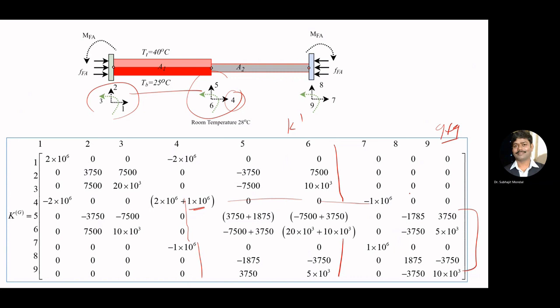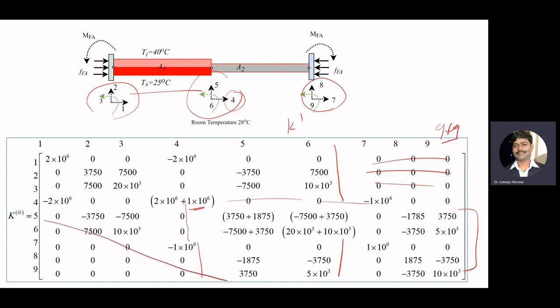Here you can see degrees of freedom 1, 2, and 3, and degrees of freedom 7, 8, 9 do not have a direct relation, so this value is going to be 0. This value is also going to be 0, and the stiffness matrix is banded in nature.